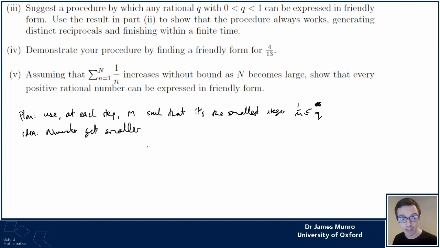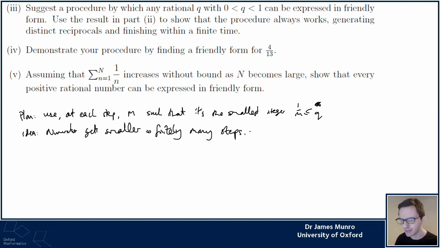The numerator started at some value and it's getting smaller each time, so this is going to be finitely many steps. This process will end once I've reduced that numerator down to 1, I suppose.